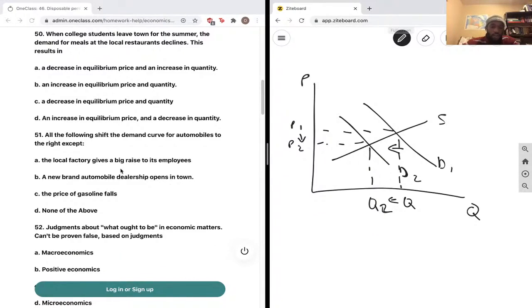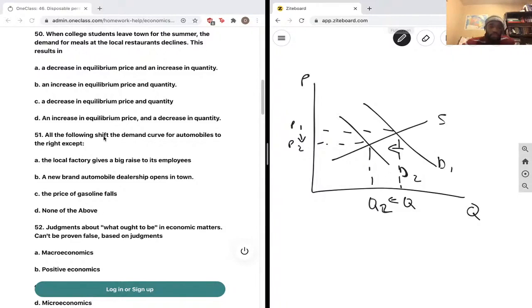A local factory gives a big raise to its employees. You could argue that shifts it to the right because it makes the employees happy and want to do their job better to sell more cars. That doesn't really decrease the demand curve. Price of gasoline falls. I would say the right answer here is A and not C.